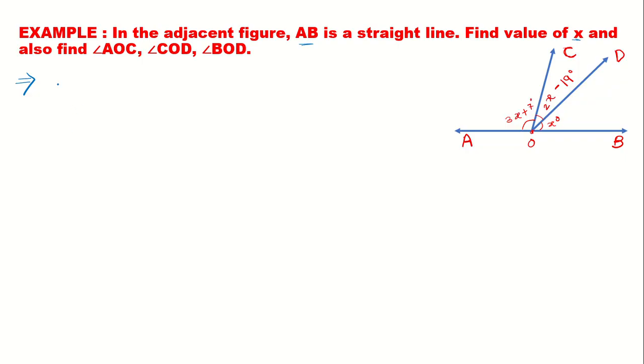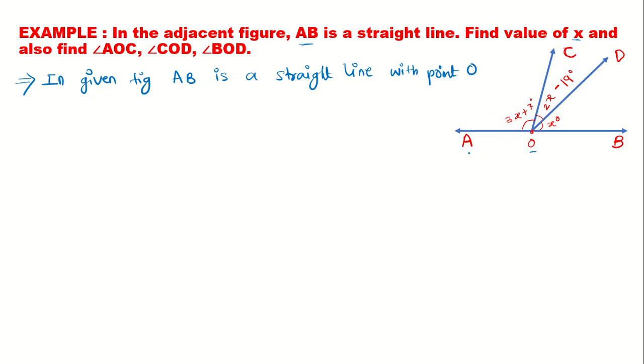So first, in the given figure, AB is a straight line with point O. Here is a point O with a straight line A and B, and the sum of all angles on AB is how much? It is 180 degrees from linear pair of angles.